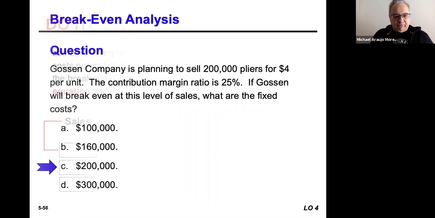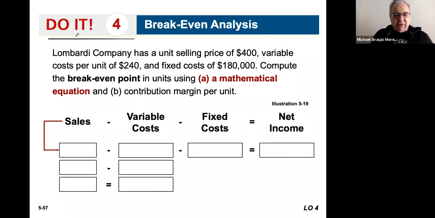So I'll just go right to the do it exercise here, since it's already explained to you as well in your book on page 199. You have Lombardi Company, and they have a unit selling price of $400. They have a variable cost per unit of $240.